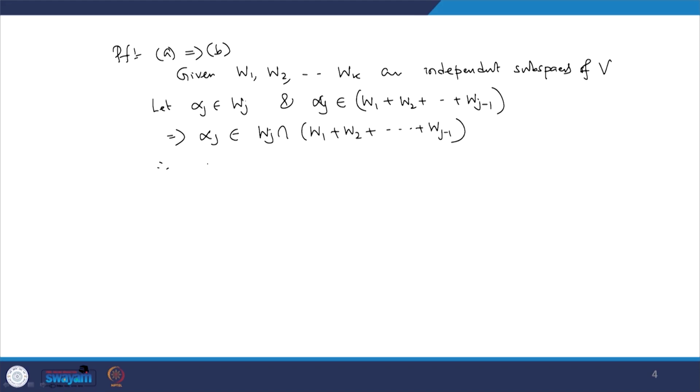So, alpha j equals something like alpha 1 plus alpha 2 plus alpha j minus 1. This is the definition of the sum of subspaces W1 to Wj minus 1: any element of W1 plus W2 plus Wj minus 1 will be of the form alpha 1 plus alpha 2 plus alpha j minus 1.